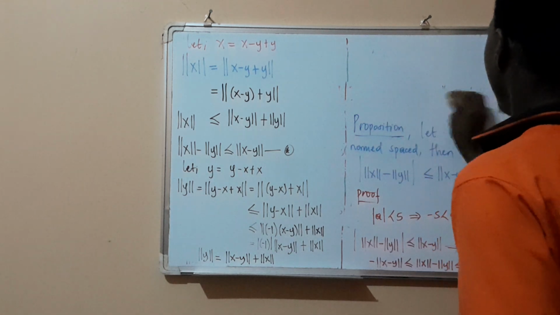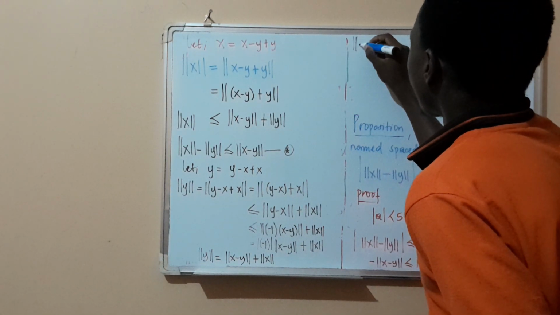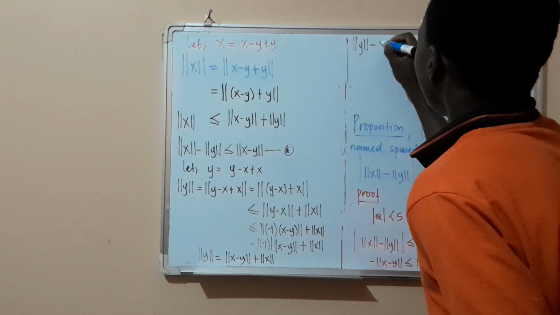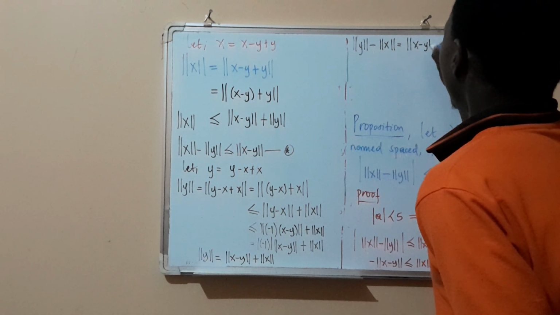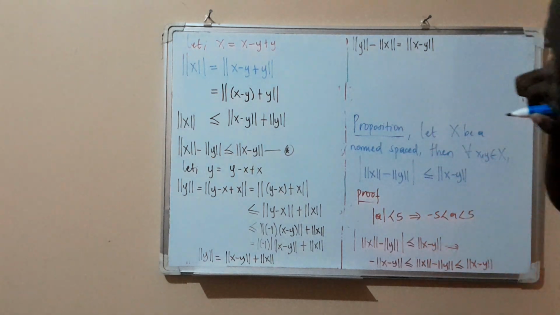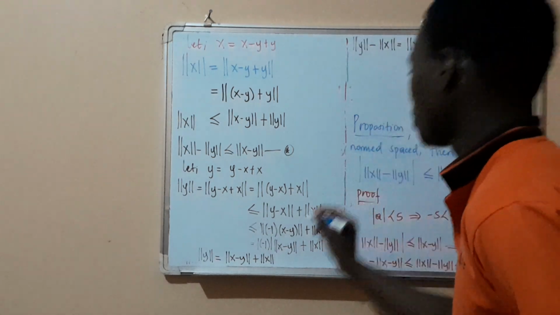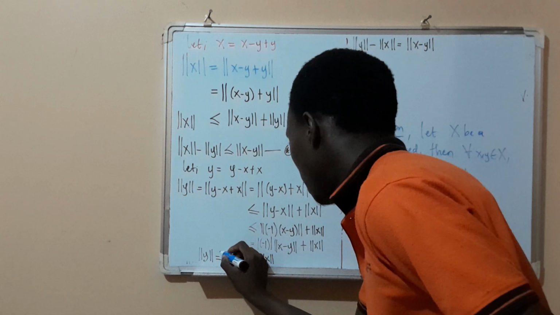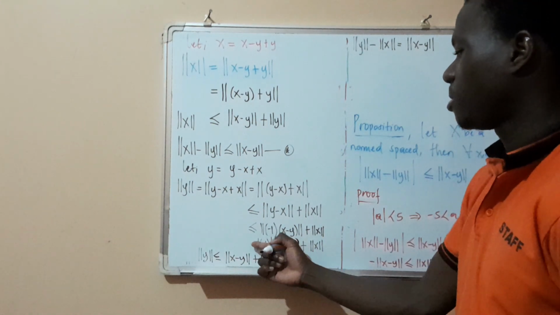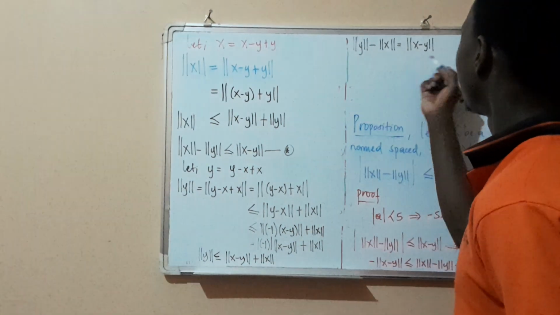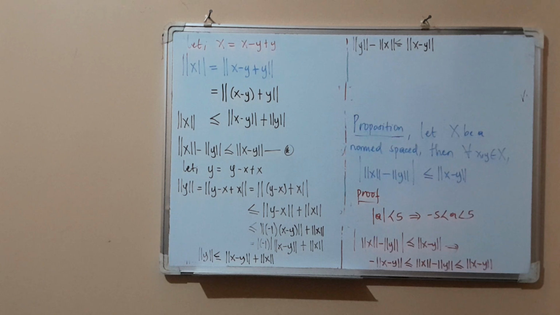So taking x on the left hand side, I'll have this minus this, less or equal to the norm of x minus y.